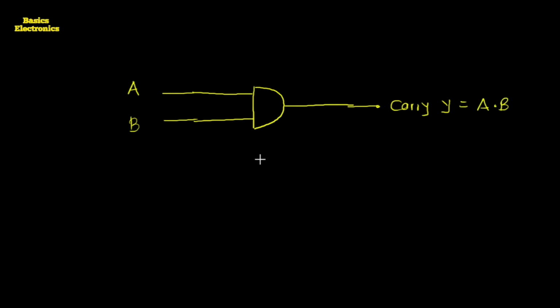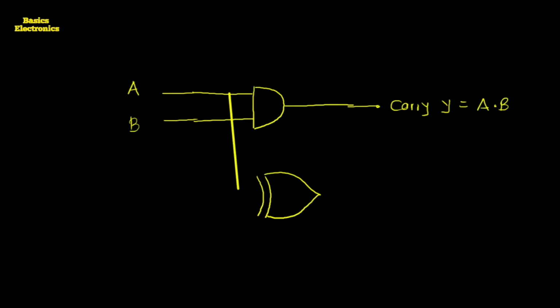At the lower side, I am going to draw one more gate, and that gate is the XOR gate. Here is the XOR gate, the OR gate type of symbol we use, and the inputs to this XOR gate are the same inputs, the A input and the B input.